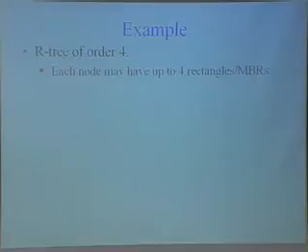So a data node can have up to 4 rectangles in it. An index node can have up to 4 minimum bounding rectangles in it. If you are the root, you can have as few as one minimum bounding rectangle. If you're not a root, you've got to have at least two, M over 2, so half of your order.